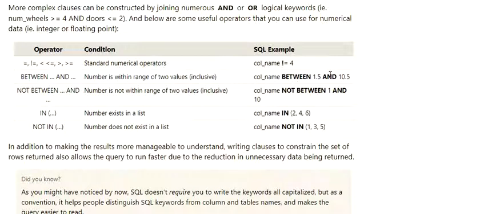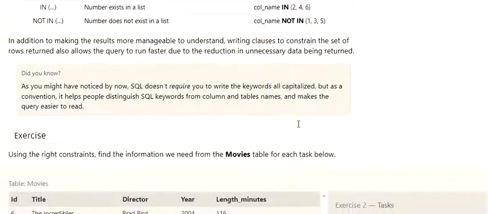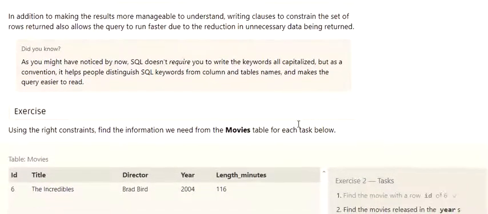Between 10 and 80 this operator will be used, and it will be more efficient. Similarly, NOT IN is used when the number does not exist in the list.